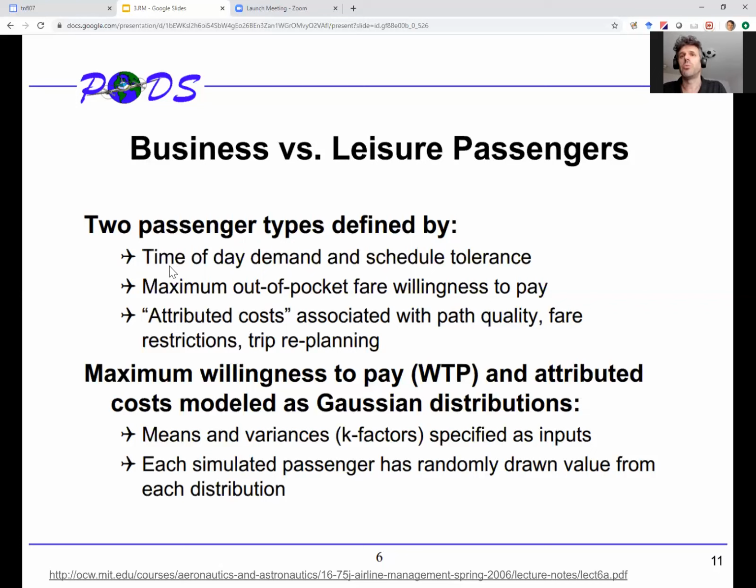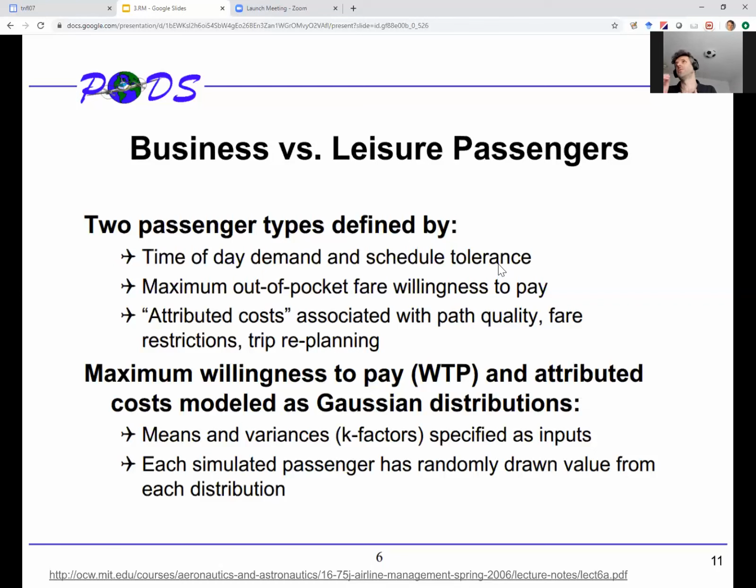So going bullet by bullet, this time of day demand and schedule tolerance is a fancy name for saying that different customers, different passengers, have different tolerance towards demand and schedule changes. In simple words, business passengers care about the schedule.